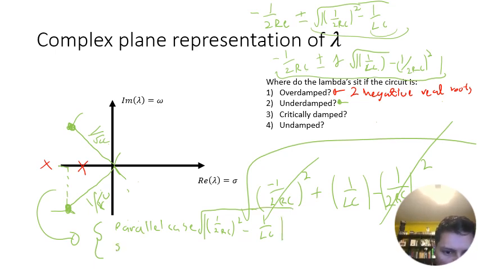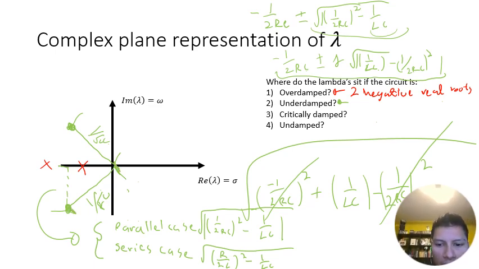And for the series case, it's going to be (R over 2L) squared minus 1 over LC. And so in particular, just remember that it doesn't matter, the circuit will always sit on 1 over the square root of LC.